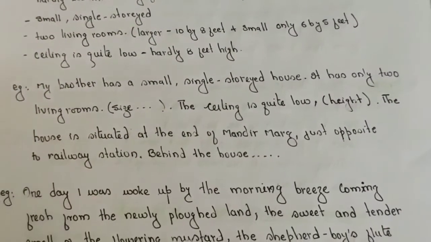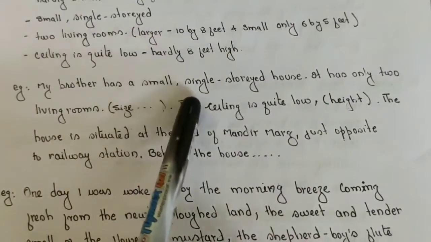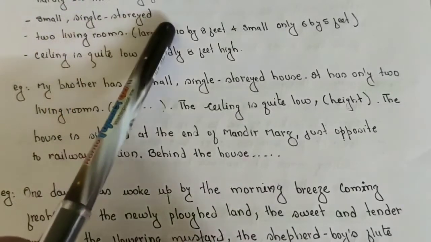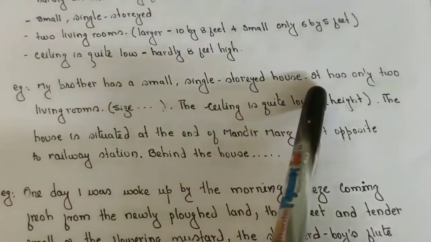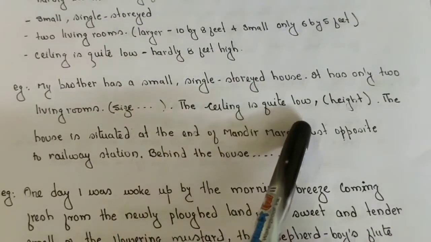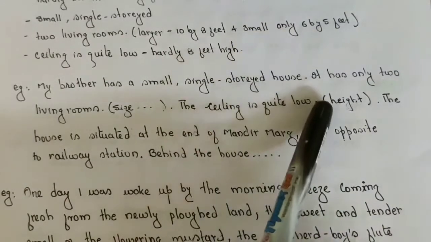So here I have given an example: my brother has a small single storied house, same as what we have read as single storied house. It has only 2 living rooms, size you can mention. The ceiling is quite low, if you want you can give the height also.